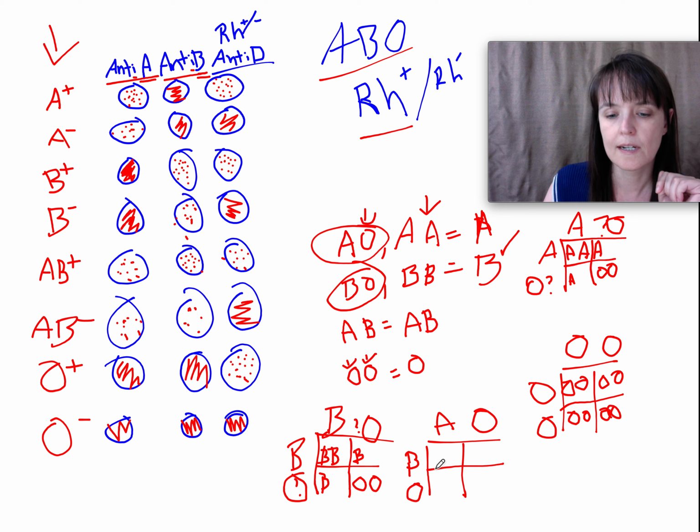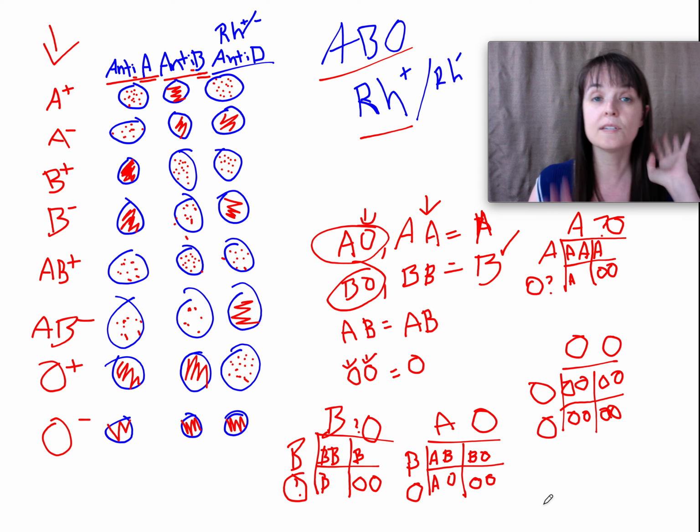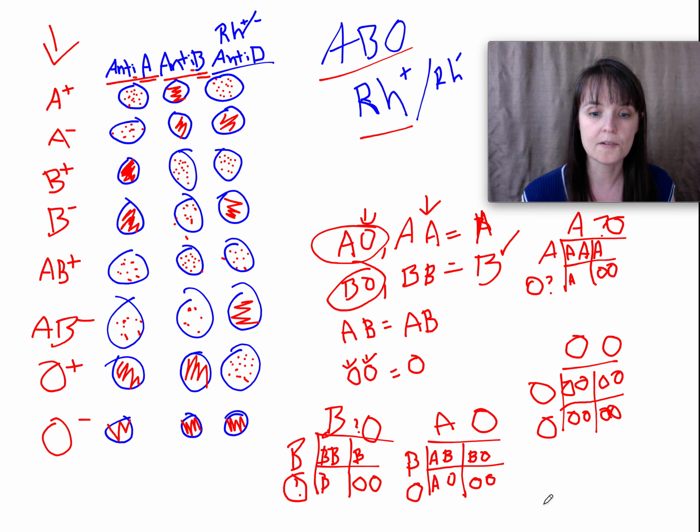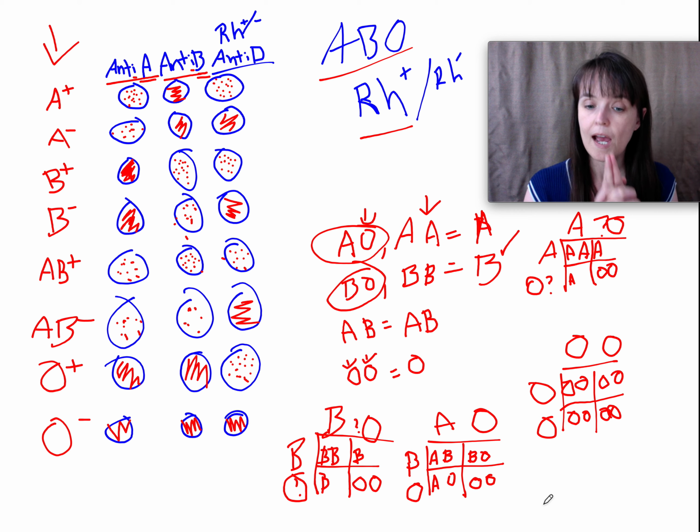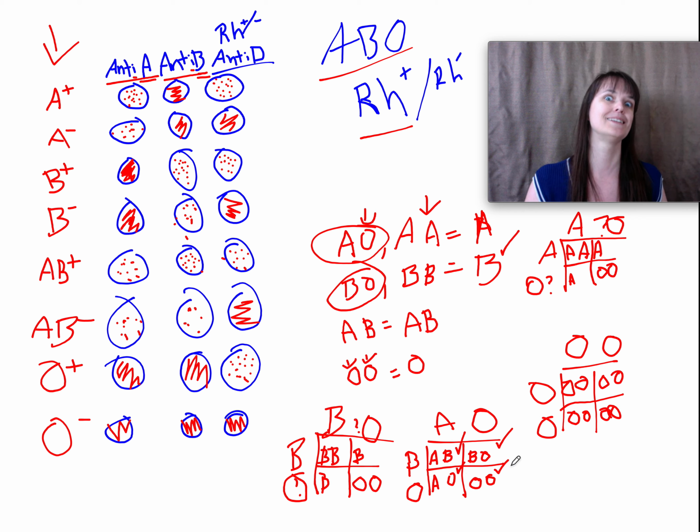This one's my favorite, because here half of mama's eggs have an A, and this half of papa's sperm have a B, and then everything else here is an O. This one is my favorite to plot out because you can have a type A parent and a type B parent, if they both also have an O. It's possible to have 4 different kids with 4 different blood types. Because look, this kid has type AB blood, type B blood, type A blood, and type O blood. Isn't that fun?